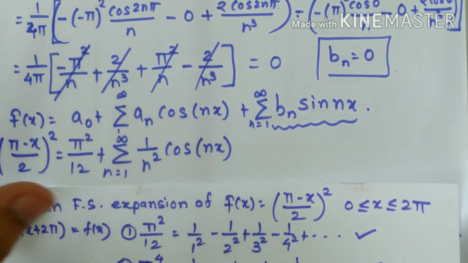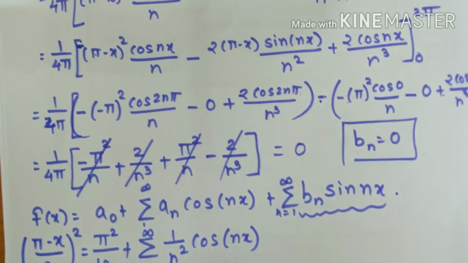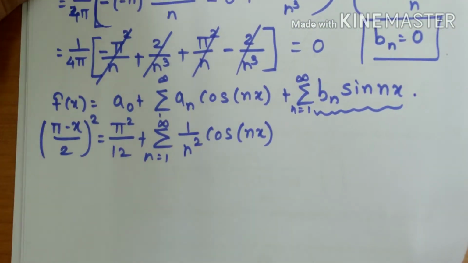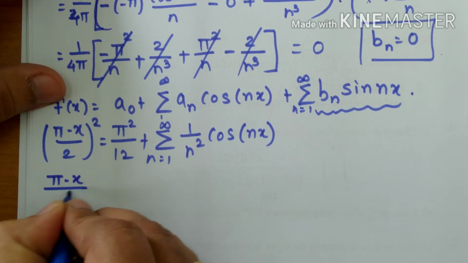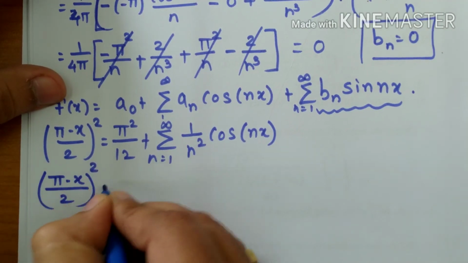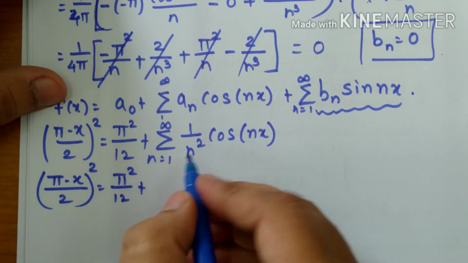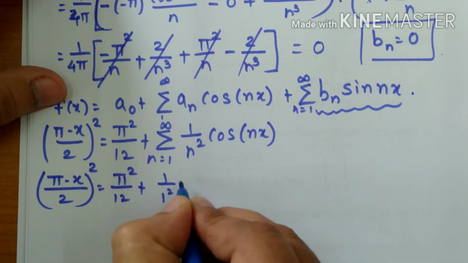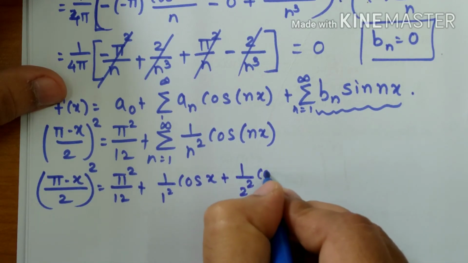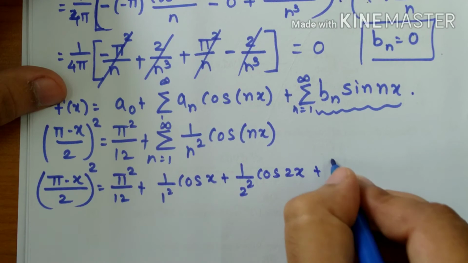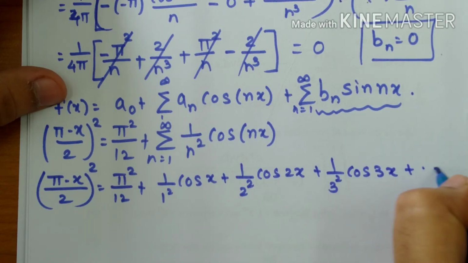I'll write only a few initial terms, which gives us a clear idea. Pi minus x upon 2 bracket square is equal to pi square upon 12 plus, for n equal to 1, 1 upon 1 square into cos x plus 1 upon 2 square into cos 2x plus 1 upon 3 square into cos 3x plus and so on.